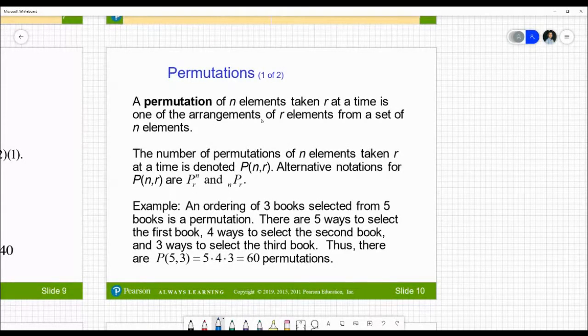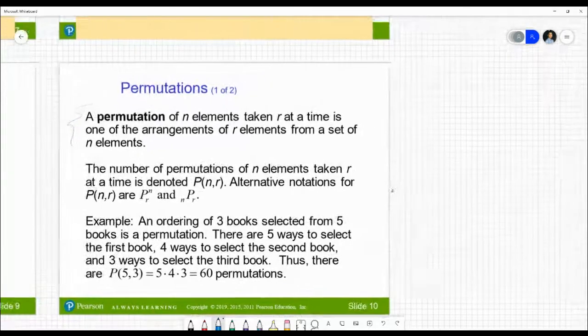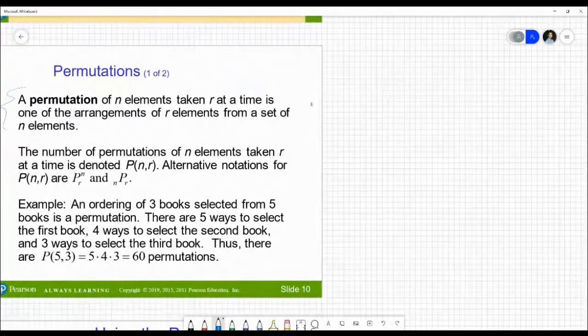A permutation of n elements taken r at a time is one of the arrangements of r elements from a set of n elements. Well, that sounds very confusing, right? So let me restate all this here.